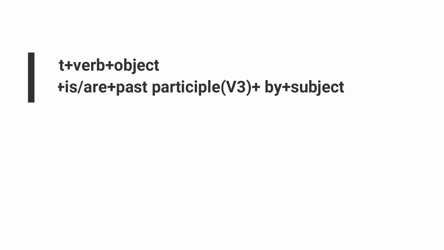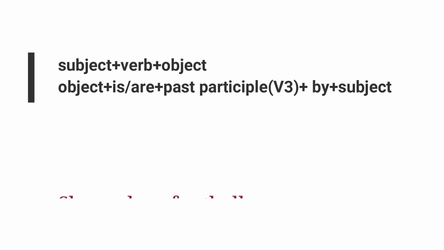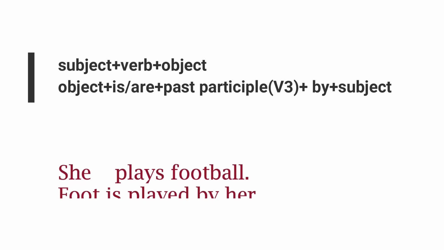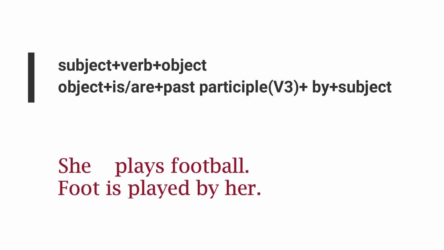Let's try and learn how to change simple present tense from active voice to passive voice. Let's start. She plays football. She is a subject, plays is a verb, football is the object. Now when you are changing from active voice to passive voice, what happens? Your subject becomes object, object becomes subject.